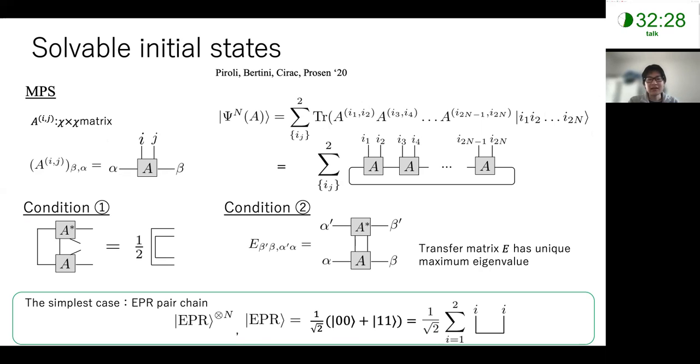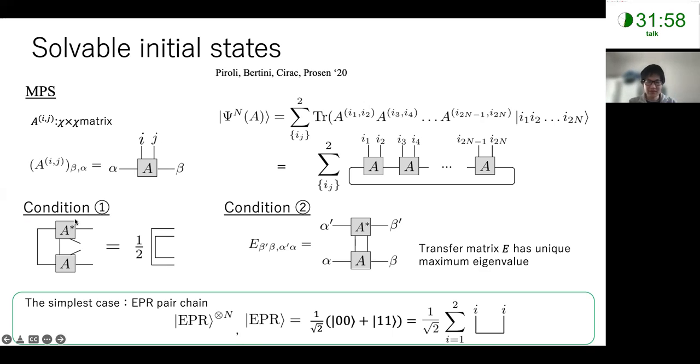And we want to define solvable initial state that has two conditions. First condition is something like unitarity of matrix A. So if we contract these indices i and alpha between A and A star, then this is equal to identity.